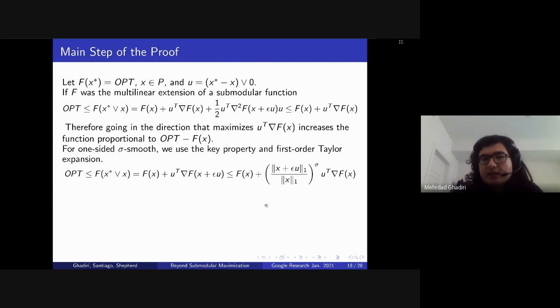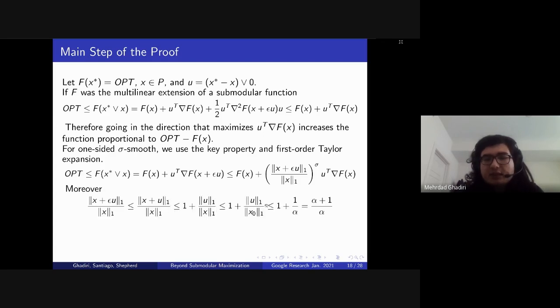Then we use the key property to bound that directional derivative at some point close to x by the directional derivative at x. And then we can see that we actually can bound that factor for the directional derivative, that L1 norm fraction.